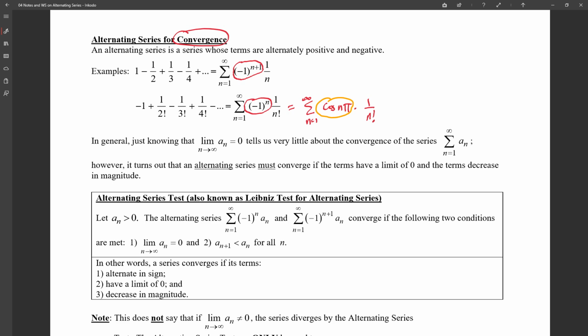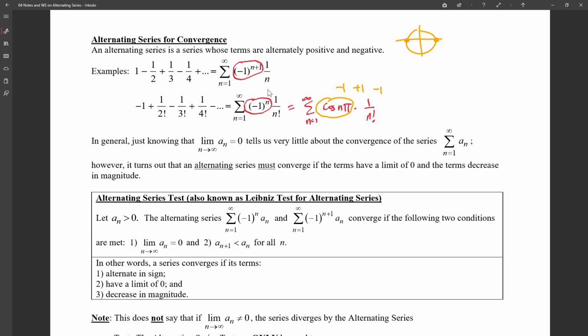If you think about the cosine, cosine pi is over here, cosine 2 pi is over here, so cosine pi is going to give you -1, cosine 2 pi is going to give you +1, cosine 3 pi is going to give you -1, and so on. So anyway, these three things that are circled all help you to figure out that this is an alternating series.